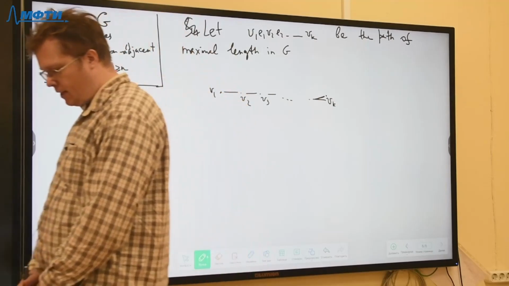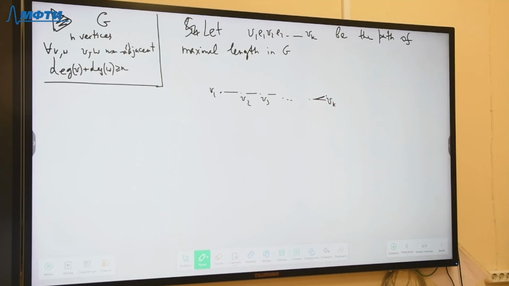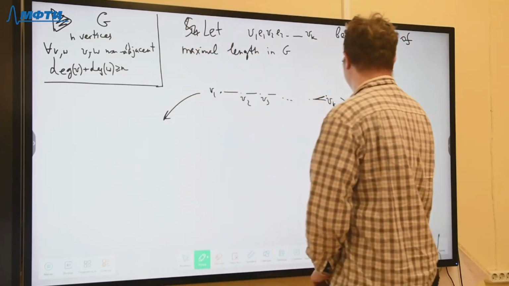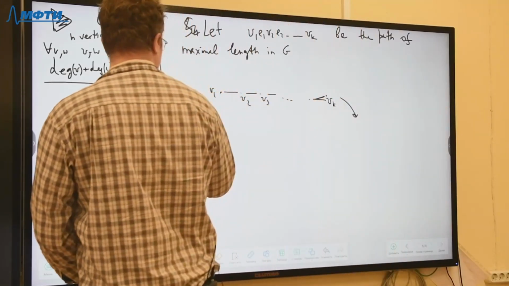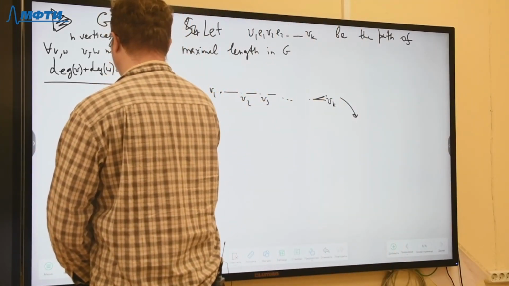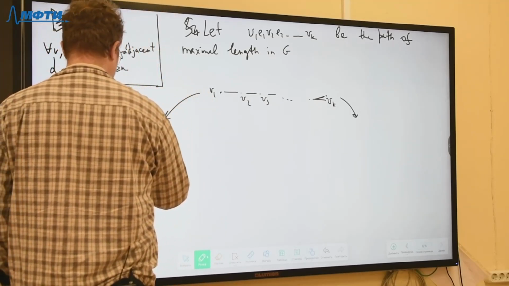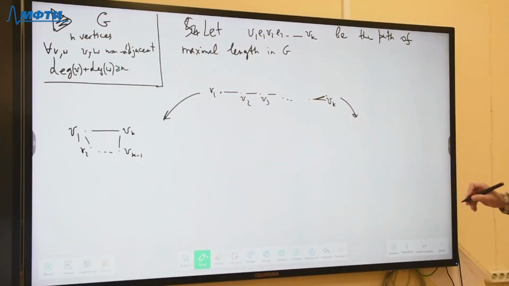So we have exactly two options here. If we have an edge between V1 and Vk, then we now have a cycle here. Or we don't have an edge between V1 and Vk.